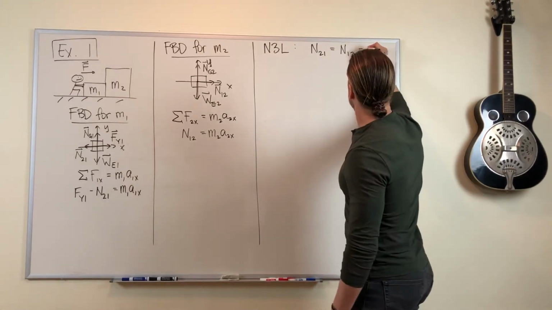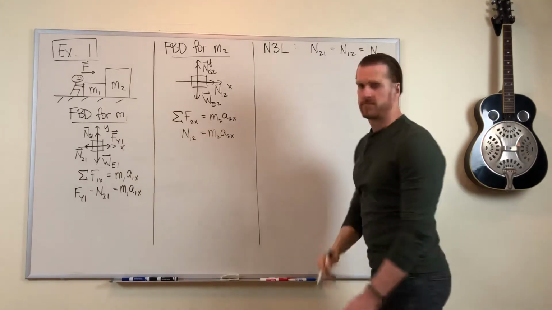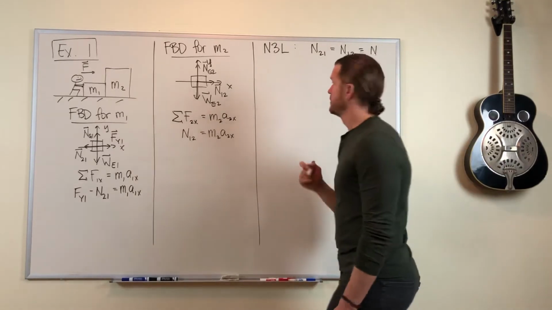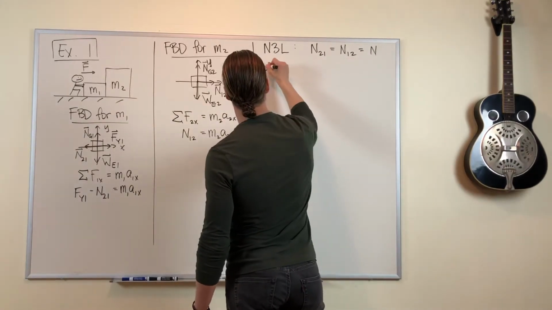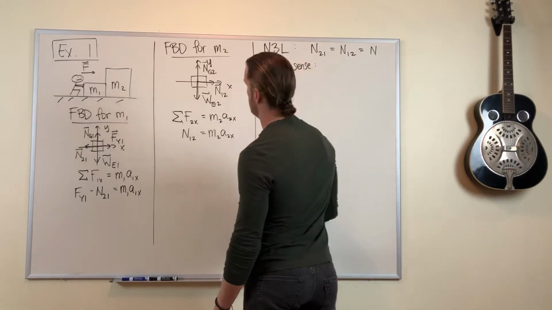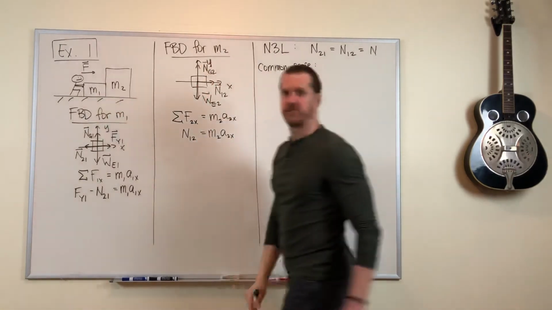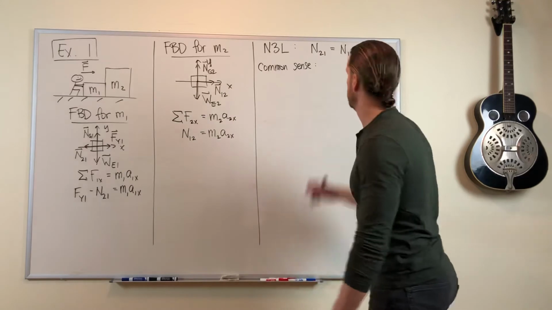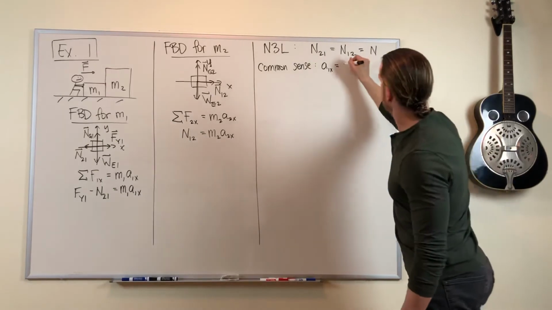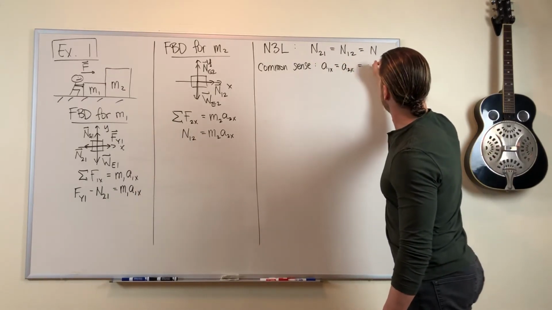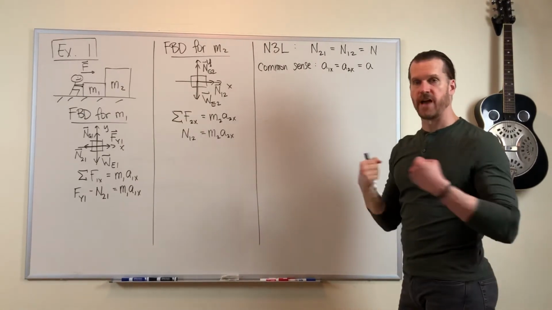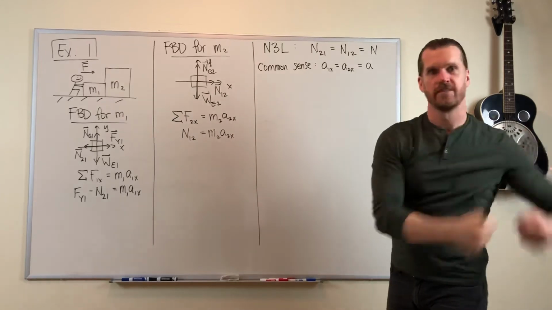So we might as well just rename those both N, with no subscripts. Also, we know from common sense that the acceleration of each of these objects must have the same value. In other words, a1x must be the same thing as a2x. So we might as well just call that a. Those two accelerations are the same because the masses are connected and they're moving together.